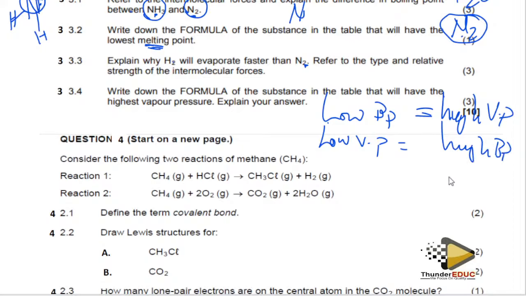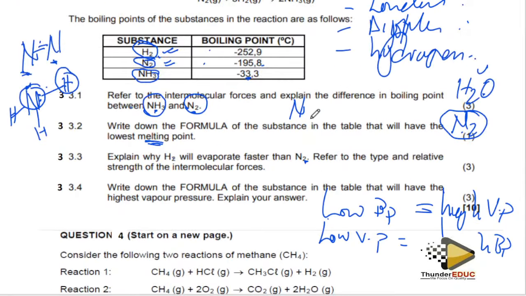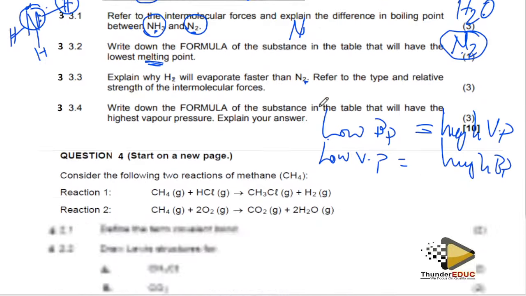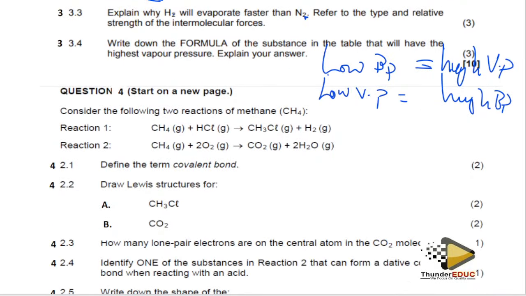The higher the boiling point, the lower the vapor pressure, and the lower the boiling point, the higher the vapor pressure. The highest is this one, hydrogen. Why? Because it has the lowest boiling point. Therefore, the intermolecular forces of attraction are easily broken and it evaporates, hence forming a high vapor pressure.